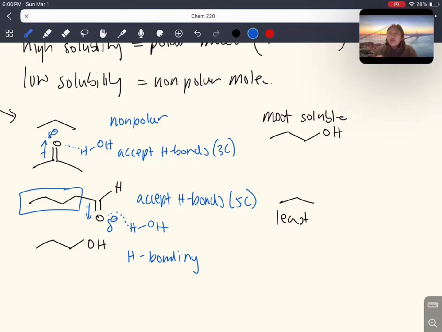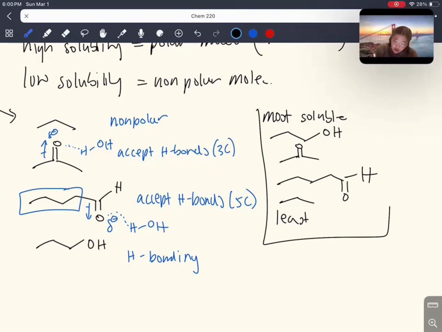And so because acetone has fewer carbons than pentanol, it's going to be more soluble. So we're going to write here that acetone is the second, and then pentanol is the third.